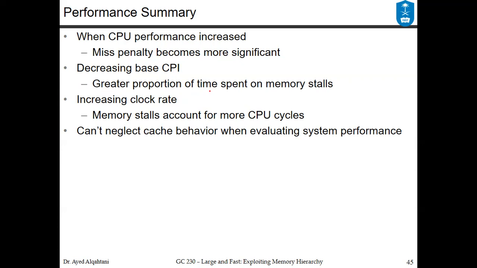The greater proportion of the time is actually spent on the memory stall. So to decrease the CPI, you need to decrease memory stalls or remove them altogether. Increasing the clock rate, the memory stall accounts for more CPU cycles, actually. You can't neglect the cache behavior when evaluating the system performance, and this is the bottom line.